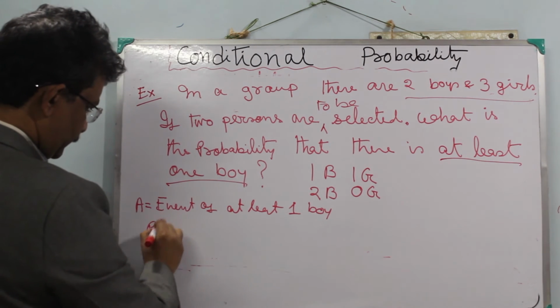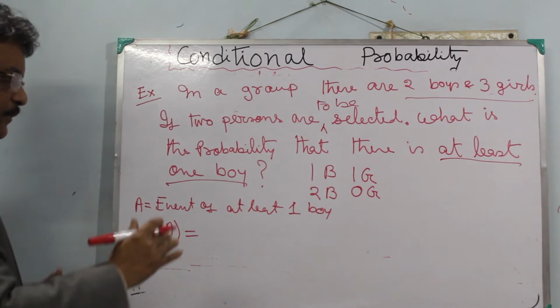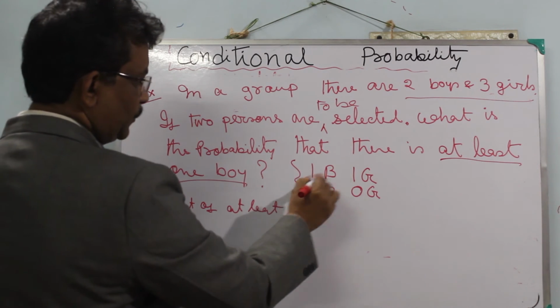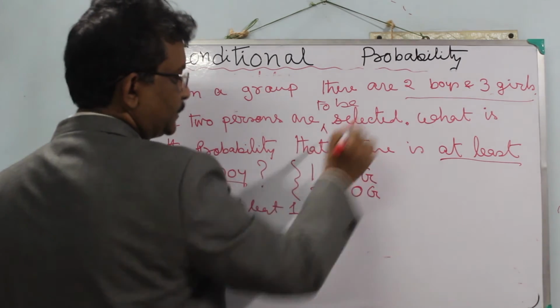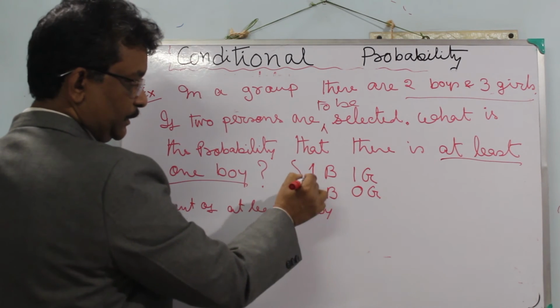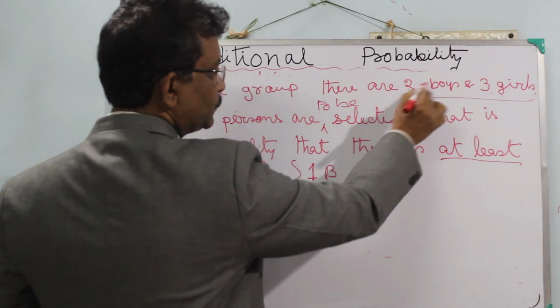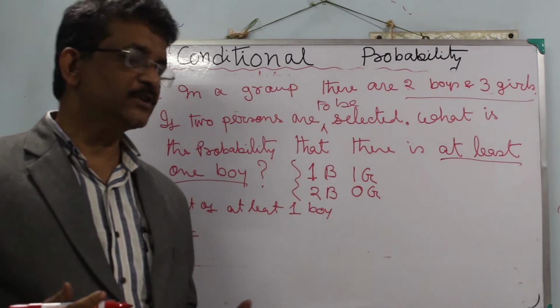So probability of A is the total number of favorable cases over the total number of cases. Favorable cases are these 2 cases, first one boy and one girl. So how can one boy be selected? Listen very carefully. One boy can be selected out of 2 boys in how many ways? This is a combination case.